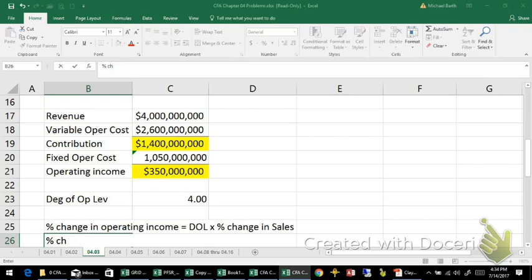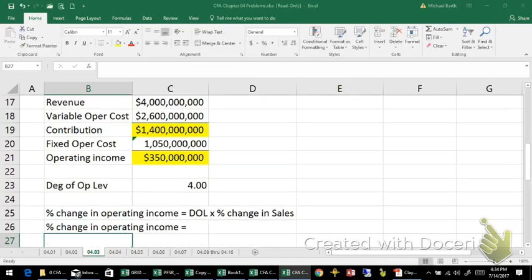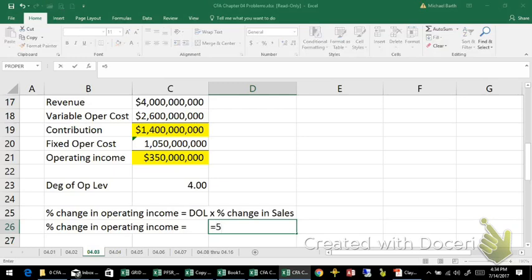So the problem said the change in operating income, if there was a 5% increase in sales, would translate into a 20% increase in operating income.